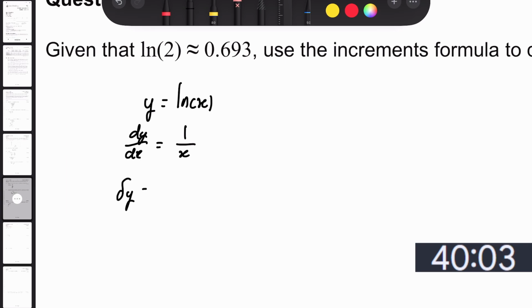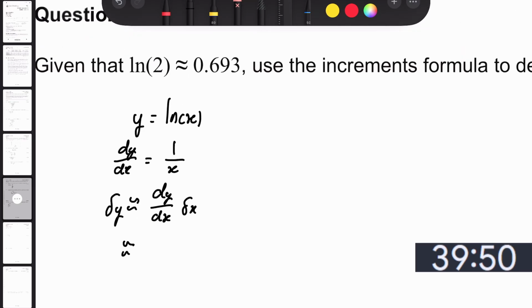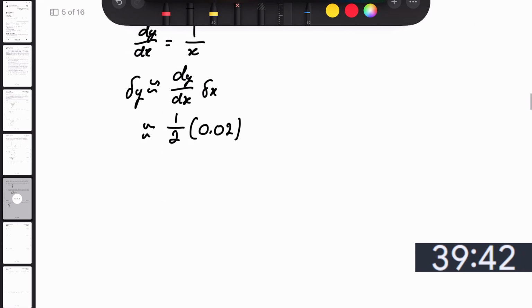And some small change of y is approximately dy dx times a small change in x. So approximately dy dx at 2 is going to be 1 on 2 times 0.02, because that's my change, which I can rewrite as 2 on 100.